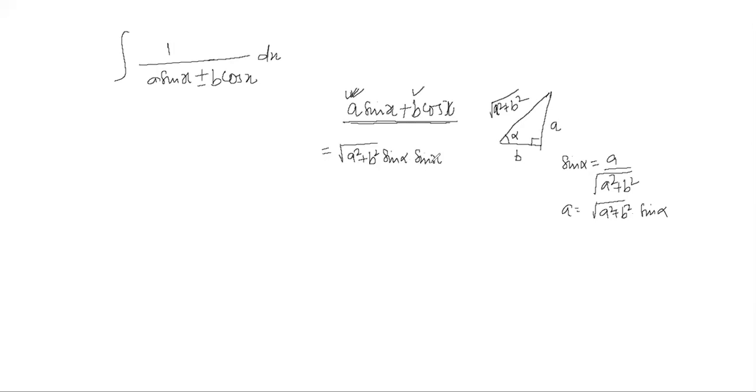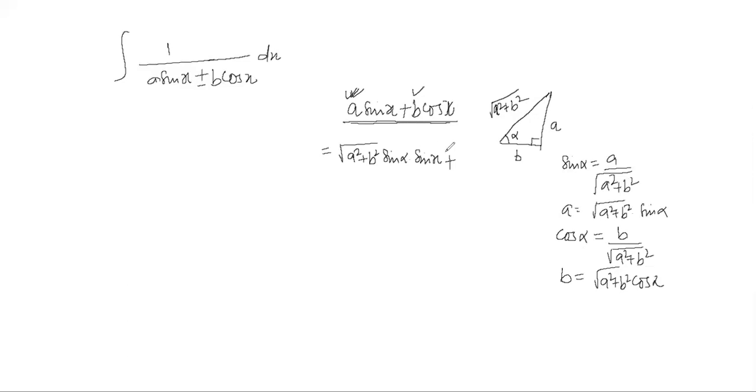This is multiplied by sine x, plus b. In place of b, with the help of the trigonometric ratio, cos alpha equals b upon root under a square plus b square. That implies b equals root under a square plus b square into cos alpha.